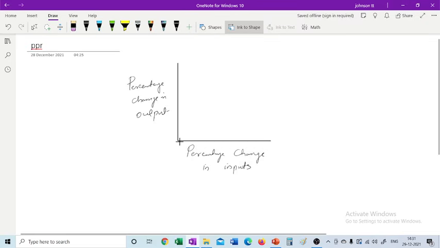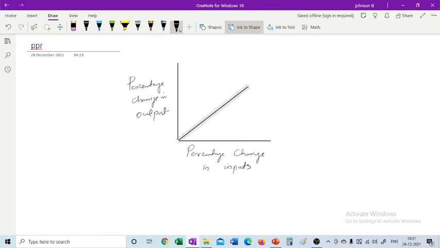So suppose we are drawing a 45-degree line like this. From this we can say which returns to scale it represents. This 45-degree line represents constant returns to scale.